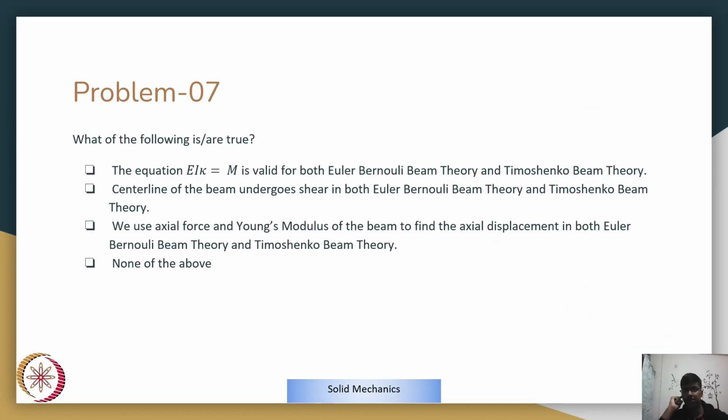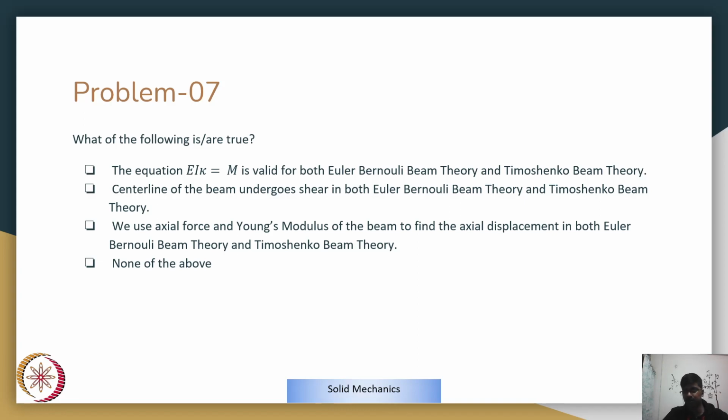Problem number 7. Which of the following is true? The equation EI kappa equal to m is valid for both Euler-Bernoulli beam theory and Timoshenko beam theory. This first statement is true, because we essentially derived this when we were studying beams.